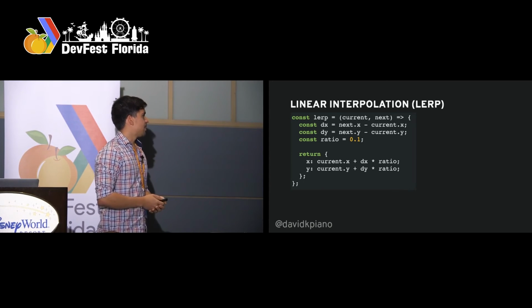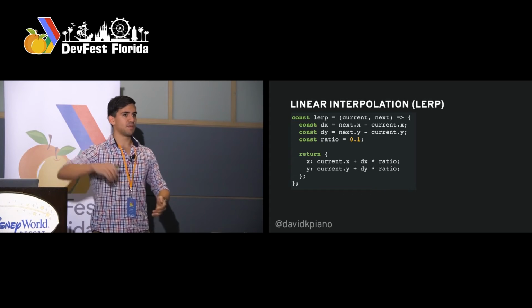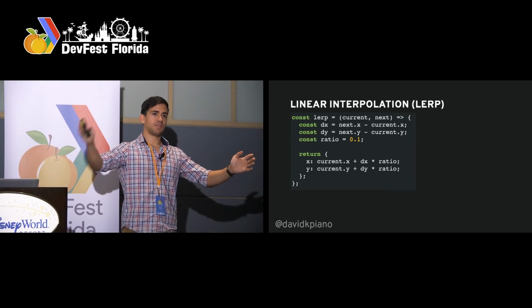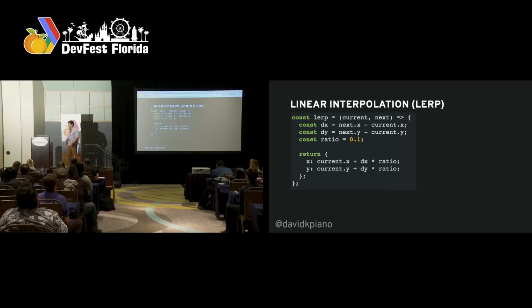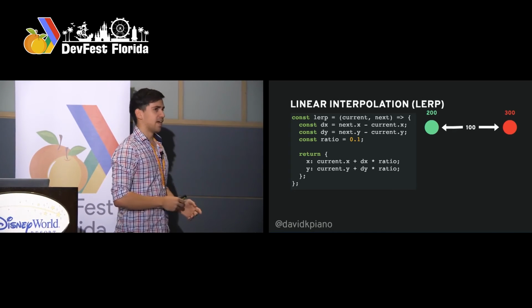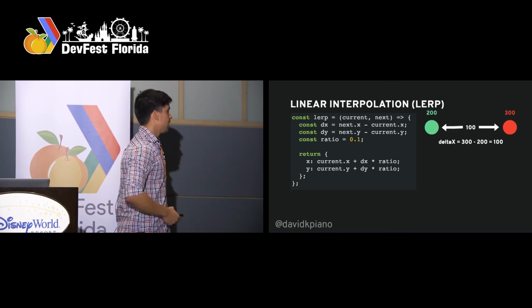The way it works is that we're taking the delta, the difference between where you're starting and where you're ending, and then we're dividing it in a fraction. And so instead of going immediately from A to B, you go smoothly from A to B. So just to demonstrate that, let's say that we have two values, 200 and 300. And so the delta is what? 100, right?